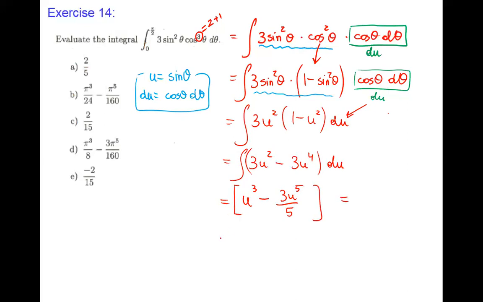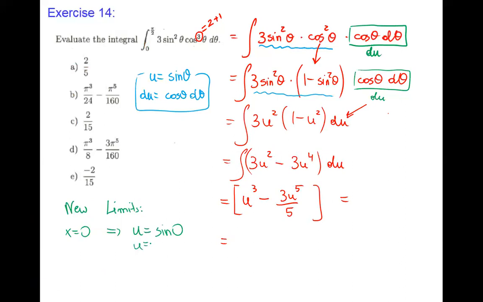And this is a definite integral. We need new limits of integration. Please remember, do not use the original limits. If x is 0, then u will be sine of 0. Not theta, u.